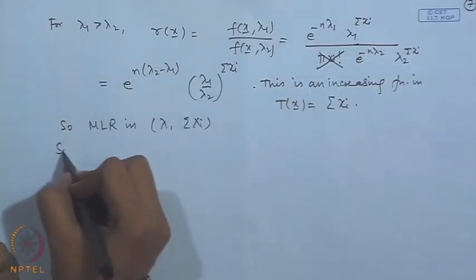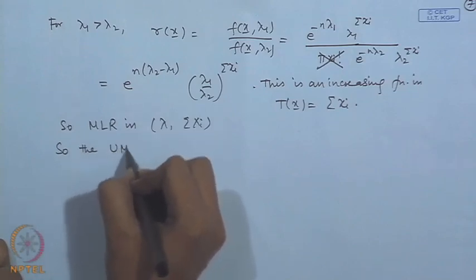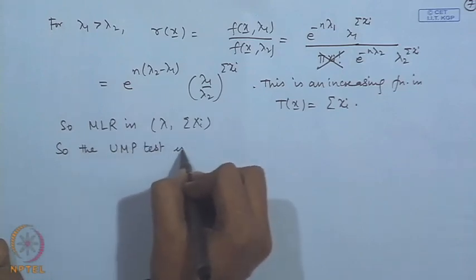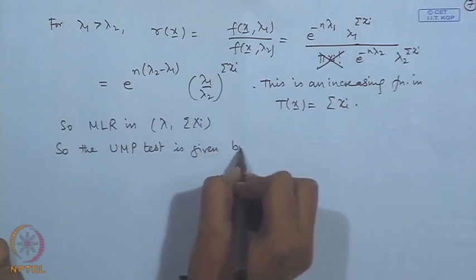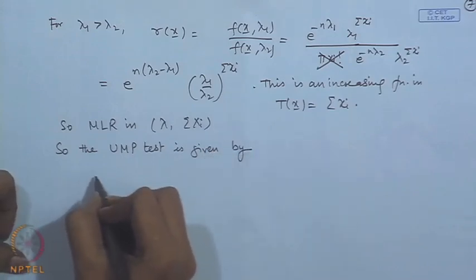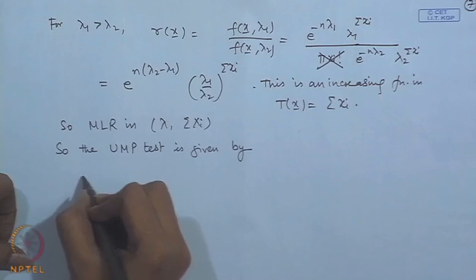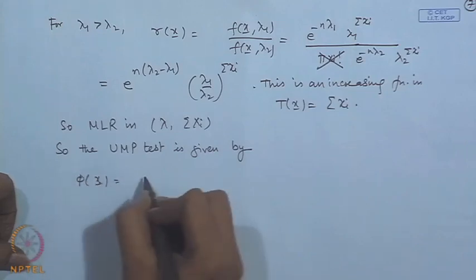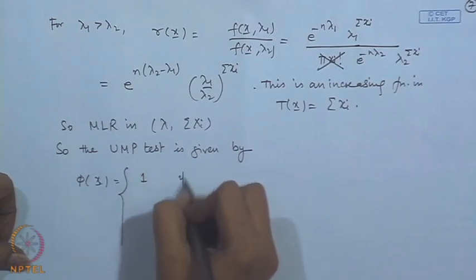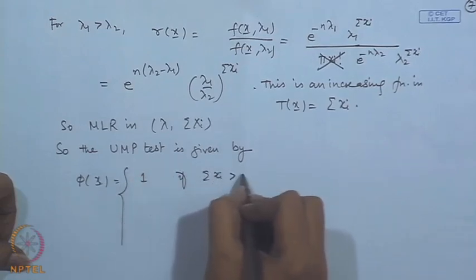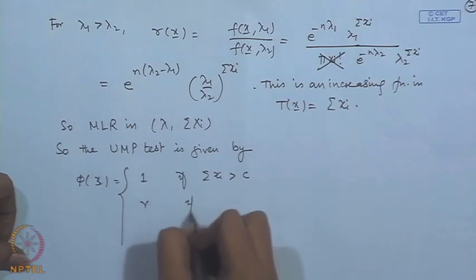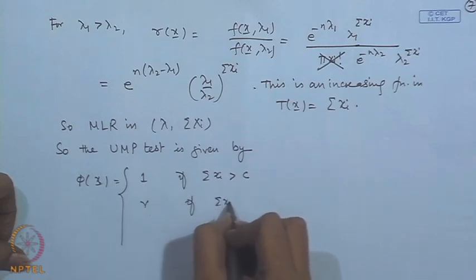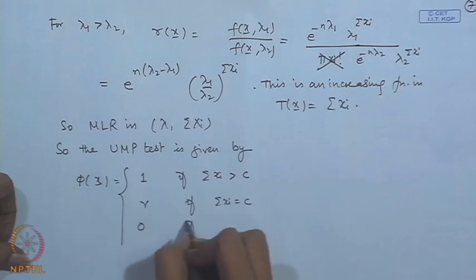So, let me write it here. The UMP test is given by φ(x), where x means x1, x2, ..., xn. It rejects if Σxi is greater than c, it rejects with probability γ if Σxi is equal to c, and it is 0 if Σxi is less than c.